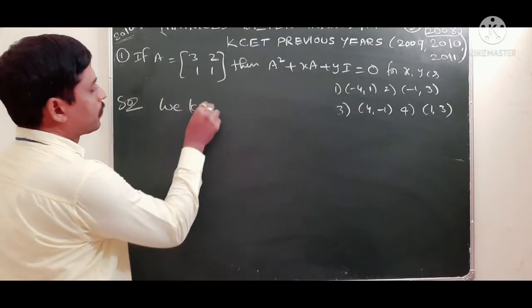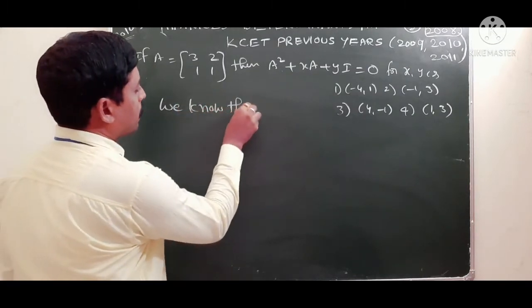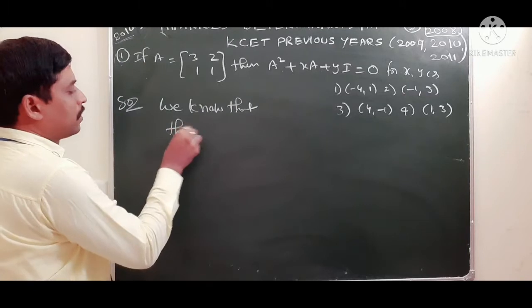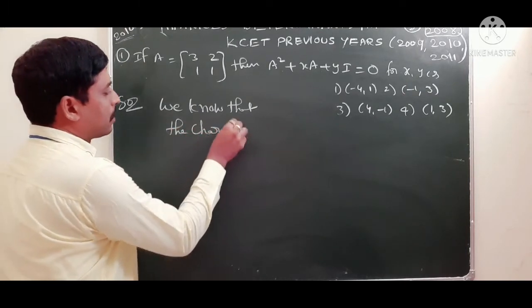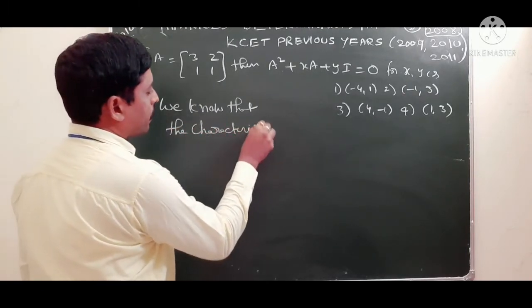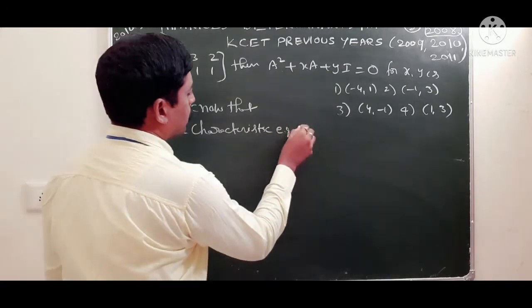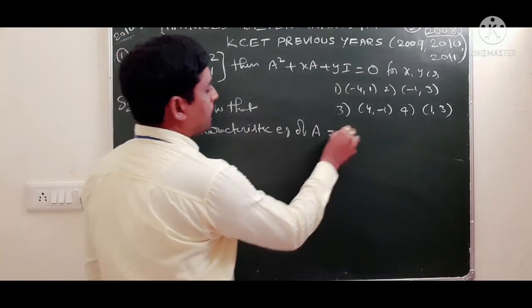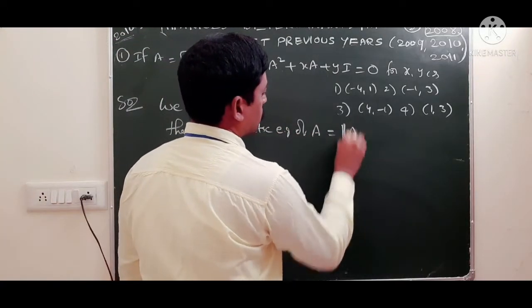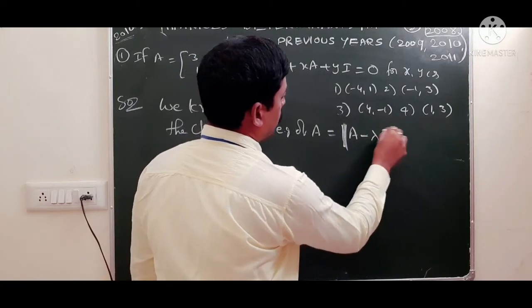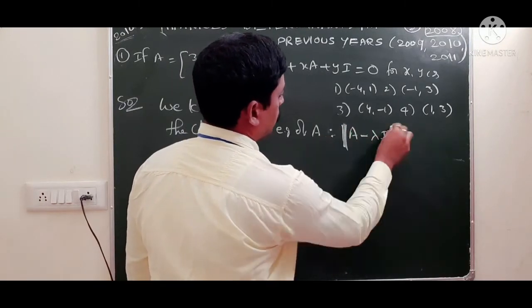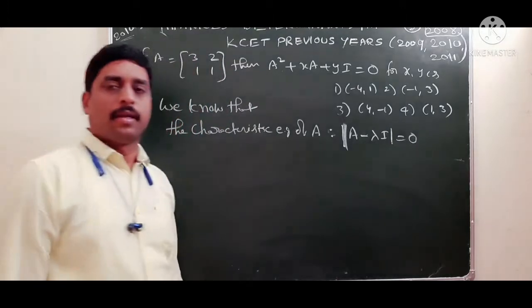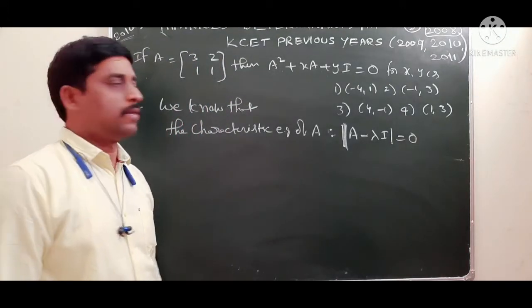We know that the characteristic equation of A is det of (A minus lambda I) equal to 0.